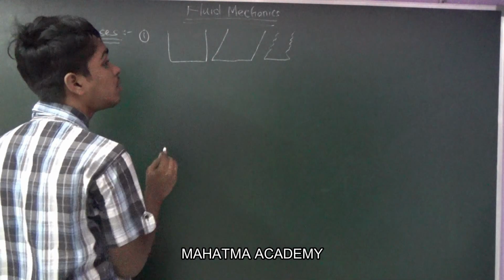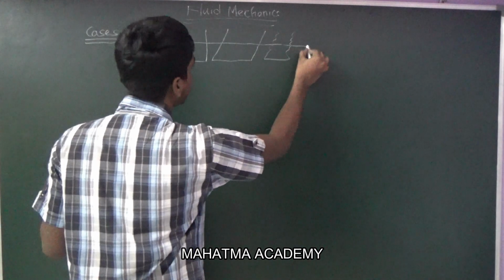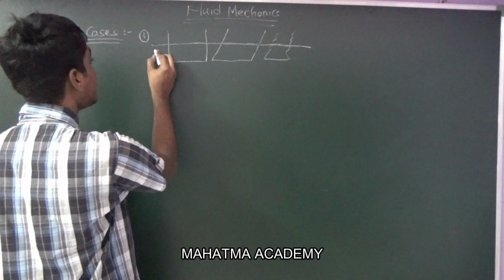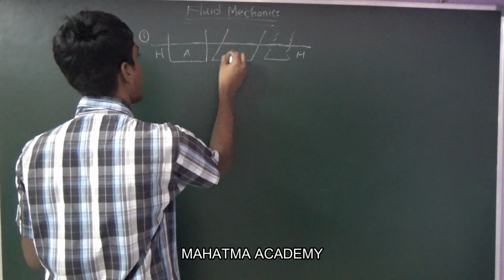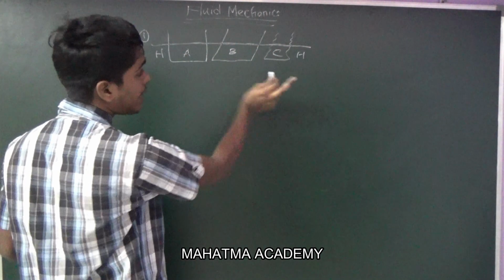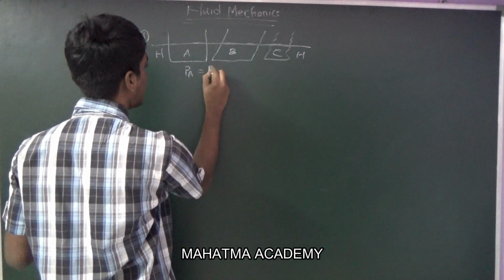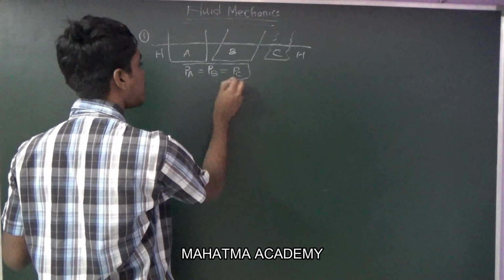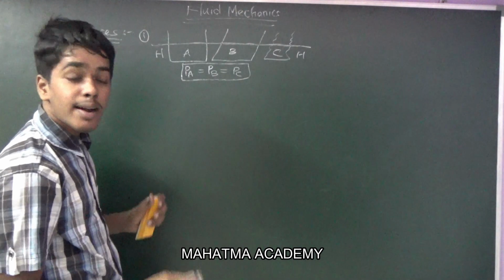Okay, now the pressure at the same height surface, the pressure at same H, here also H, A, B, C. Now at the same height surface, the pressure of A is equal to pressure of B is equal to pressure of C. The pressure will be the same, but the weights cannot be equal.